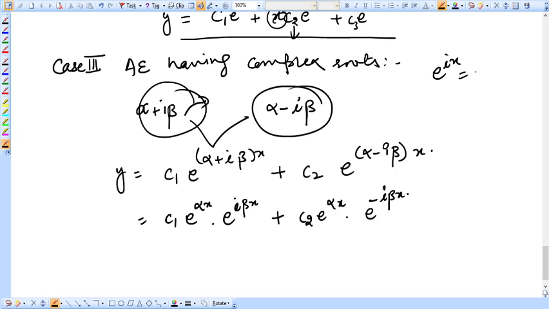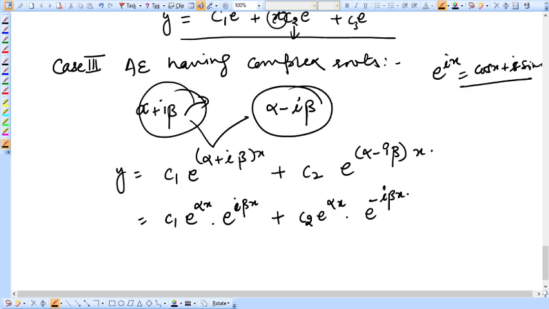e raised to iota x is equal to cos x plus iota sin x, right?